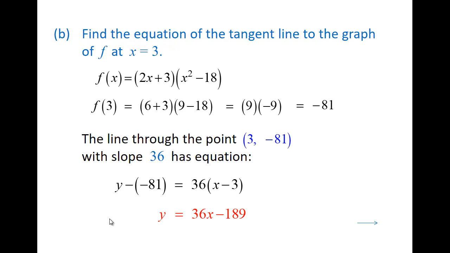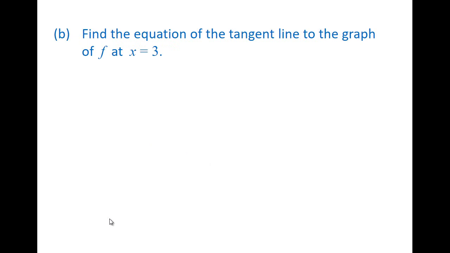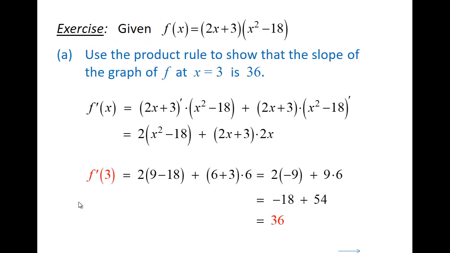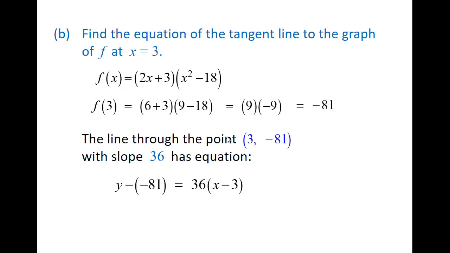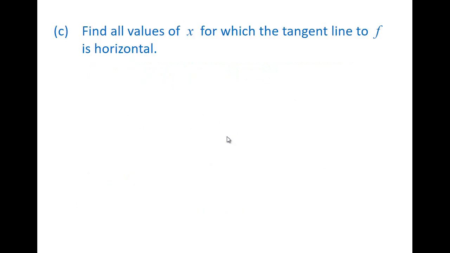We already know the derivative. Recall that we calculated the derivative right here. So this is the derivative, and then we want to figure out the values of x for which the derivative is 0. So to answer this question, we start with the derivative and set it to 0.